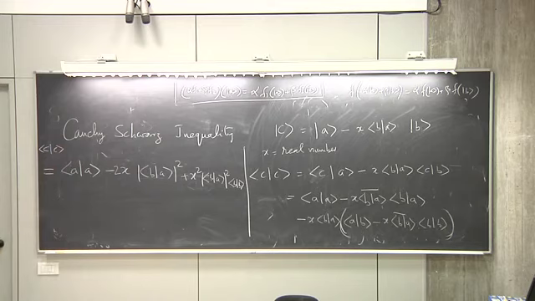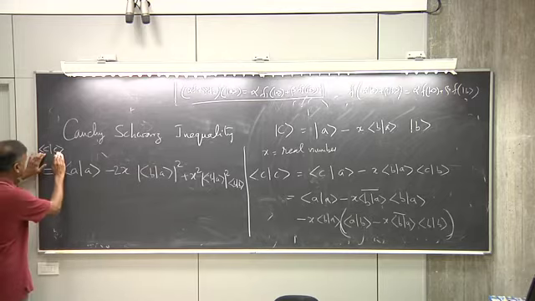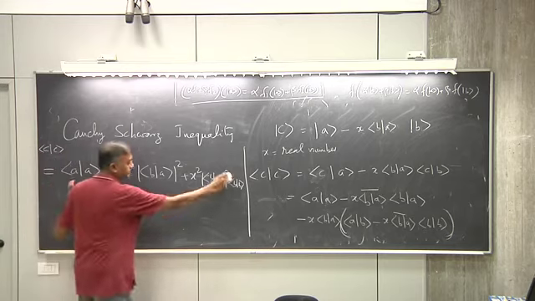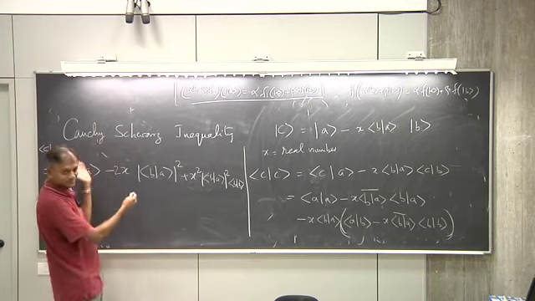But one of the properties of the scalar product was that it is non-negative. A scalar product of any vector with itself is going to be greater than or equal to 0. So since this is greater than or equal to 0, this must be greater than or equal to 0, because these two are equal.